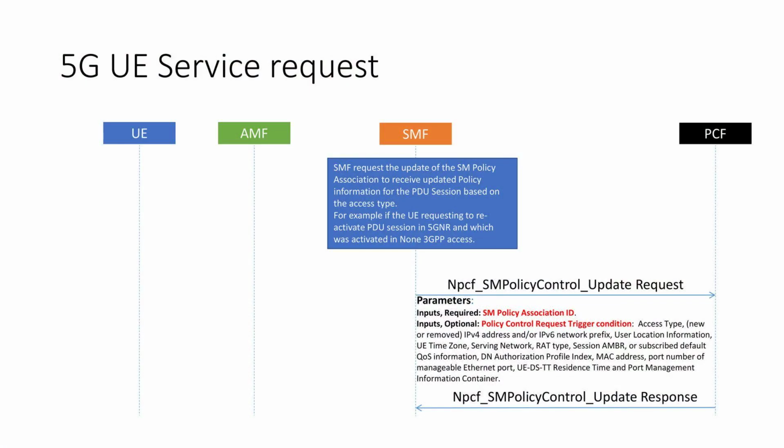The SMF sends a request for updates to the PCF to receive updated policy information for the PDU session based on the access type, user location, service type, etc. This interaction is important. The PCF needs to be informed of the user equipment dynamic changes, and also the SMF needs to get user-specific policies to be applied when needed.